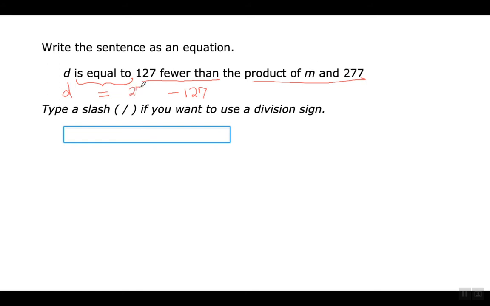Product means multiply. El producto quiere decir multiplicar. So that would be how you write your answer. D equals 277M minus 127. Okay? D is equal to 127 fewer than the product of M and 277. This es igual a 127 menos que el producto de M y 277.